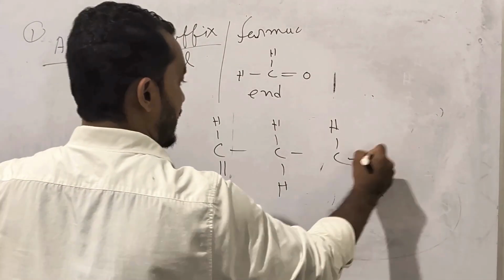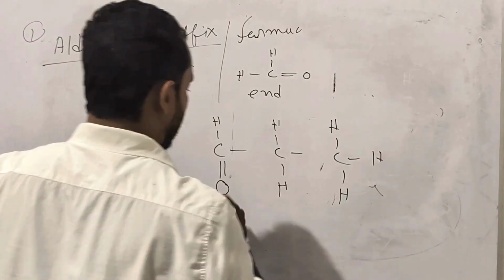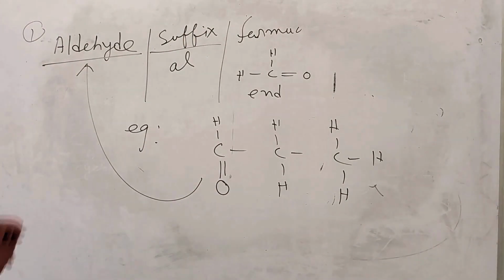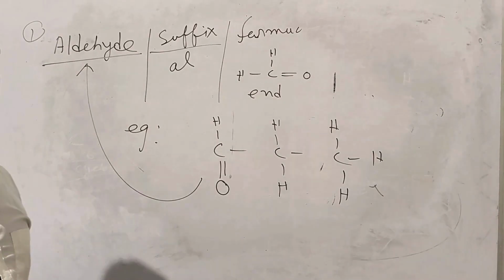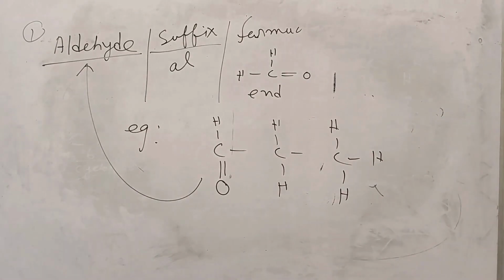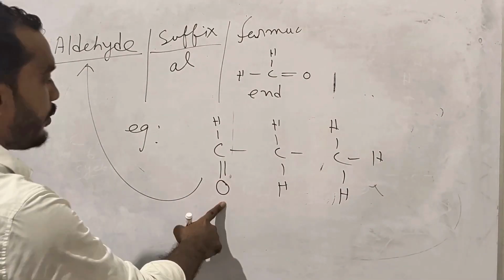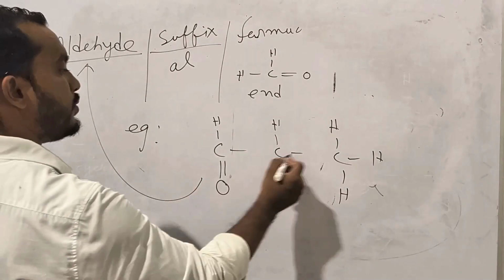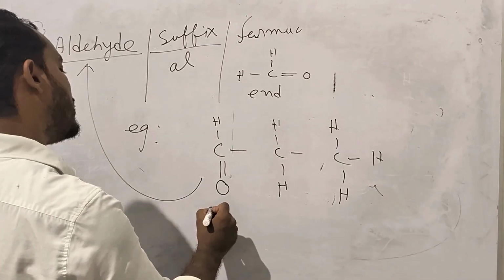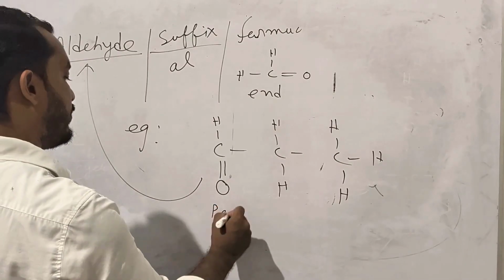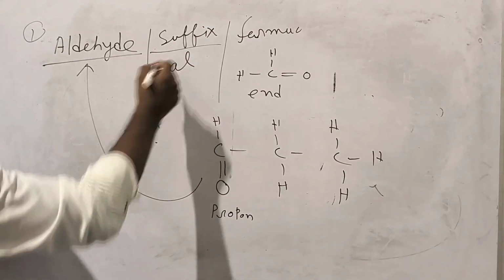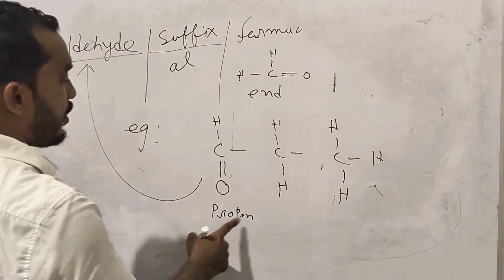If here there is a double bond O, this falls under the aldehyde functional group, where you see the double bond O is there. If you want to name this compound, 1 2 3 carbon, so 3 carbon means propane, and it has a suffix of al, so propanal.